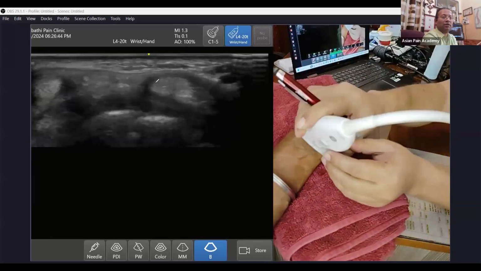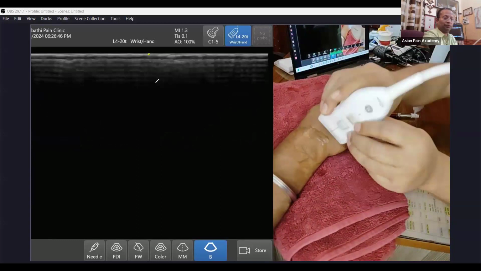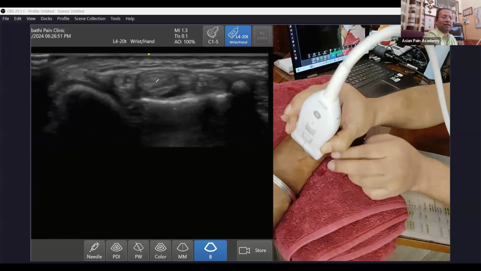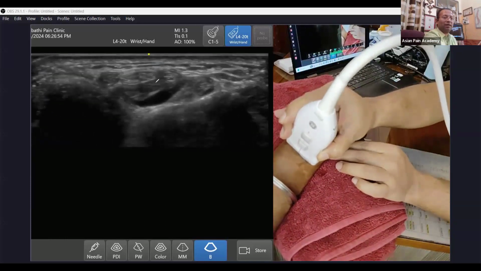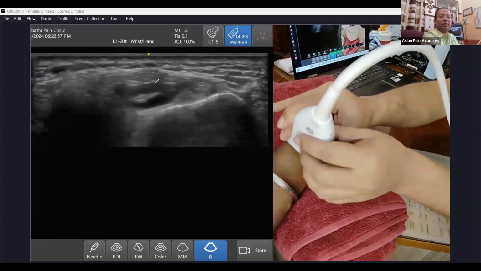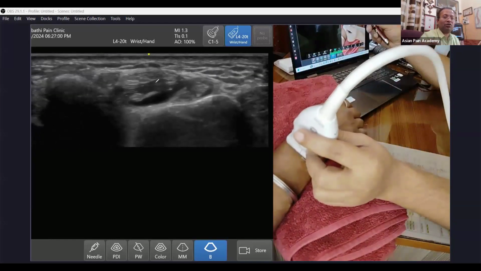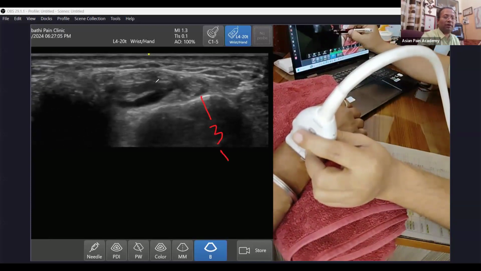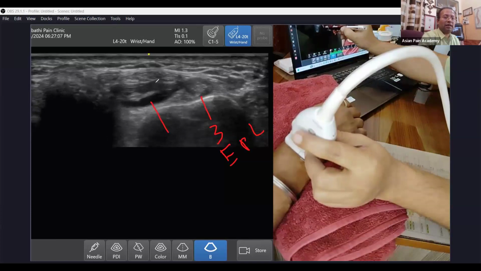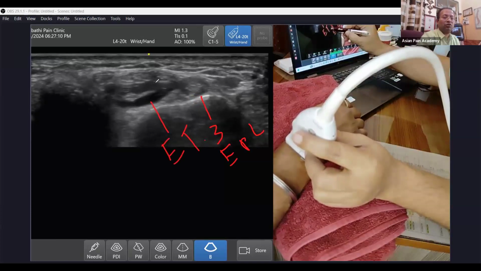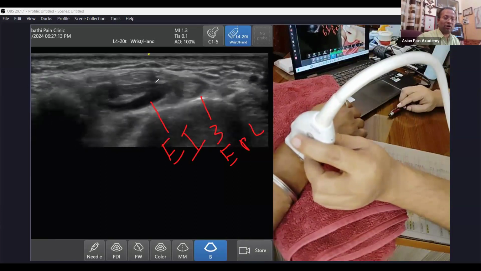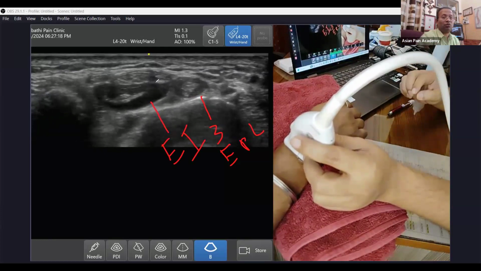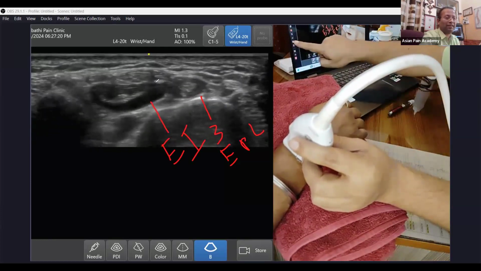Again, already you have seen that extensor indicis becomes muscle, and EPL also is becoming muscle. Compartment number 3, EPL. This is extensor indicis. So you have to remember how the tendon looks and how the muscle looks. Tendons are all fibrillar structure, hyperechoic. Muscle looks hypoechoic, a bit blackish structure.